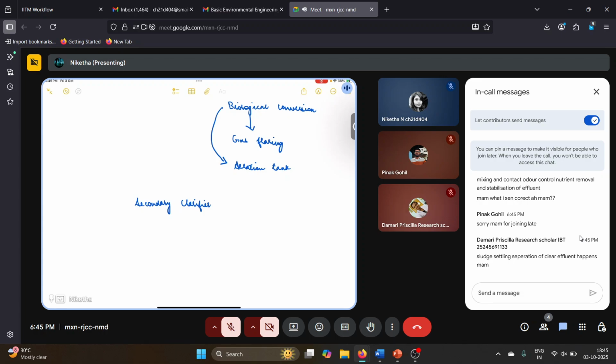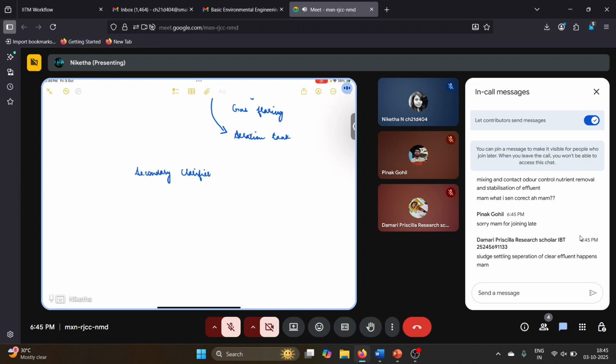Sludge settles, because after aeration, after the biological process, we will get sludge, and that sludge needs to settle down because we have to separate it from the liquid. So for that, we are providing a settling tank, which is the secondary clarifier.